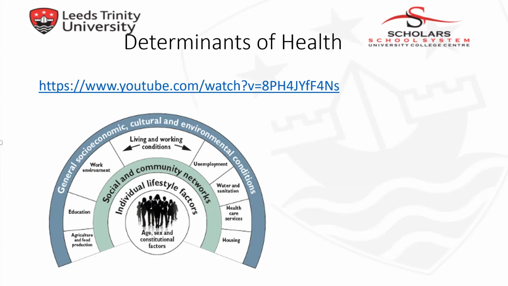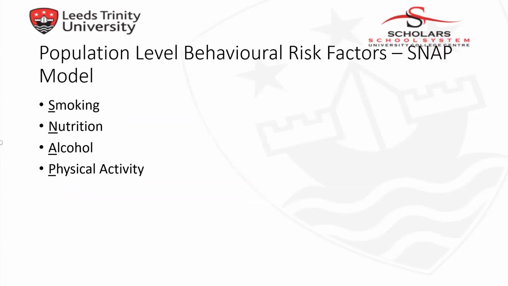So work environment, education, agriculture and food production, where the person is living, employment or unemployment, water and sanitation, healthcare services, and housing conditions of that individual. We discussed these things in detail, how they affect individuals' health behavior.